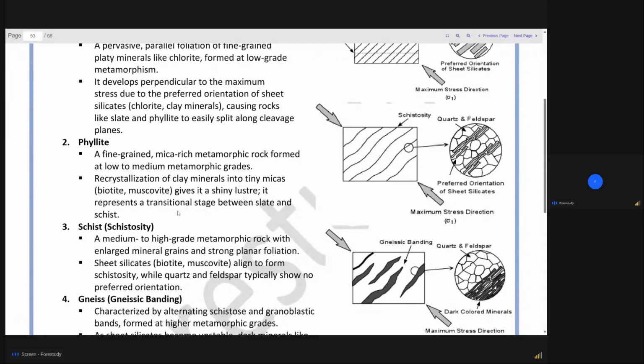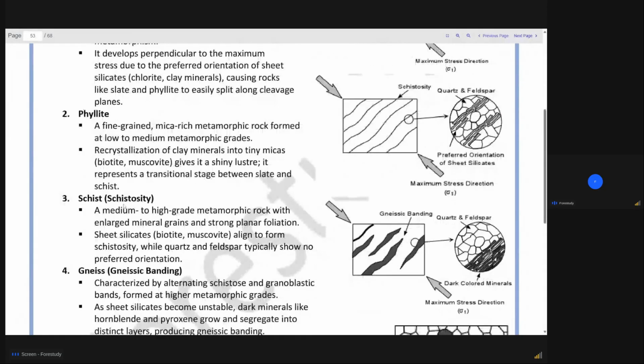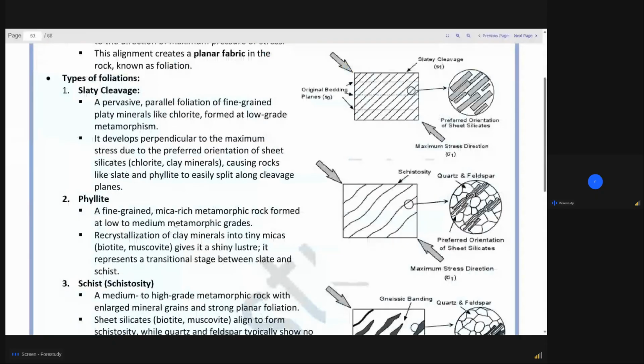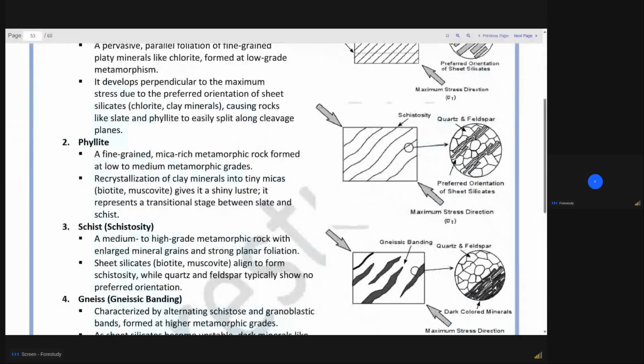Now, schist or schistosity: a medium to high grade metamorphic rock with enlarged mineral grains and strong planar fabric. In slate, the planar fabric is not well defined because of the small grain size of the rock. But here, because of the coarse grain nature of the rock, you can see the different platy minerals like mica and biotite.